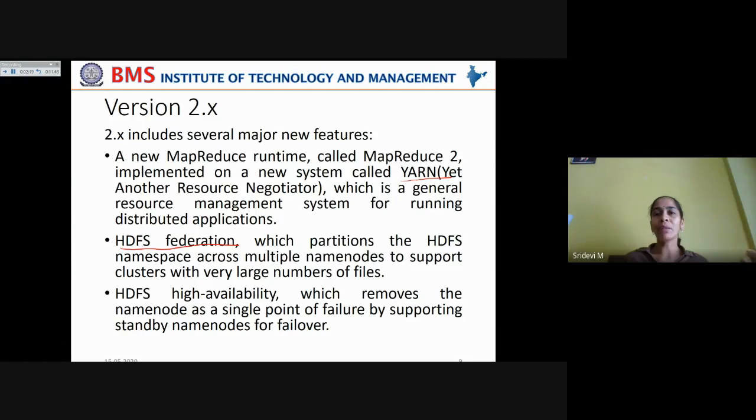Because the name node helps us to reconstruct all the blocks of data distributed across the data nodes. That is why if the name node fails, the data will be lost. But HDFS High Availability ensures that there is a secondary name node that takes up the responsibility of the primary name node in case of any primary name node failure.